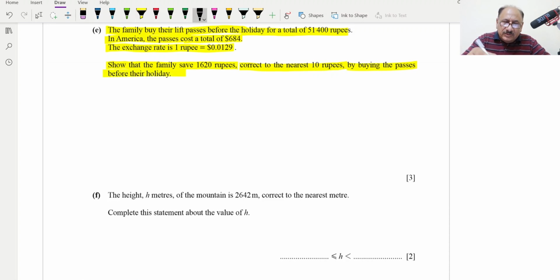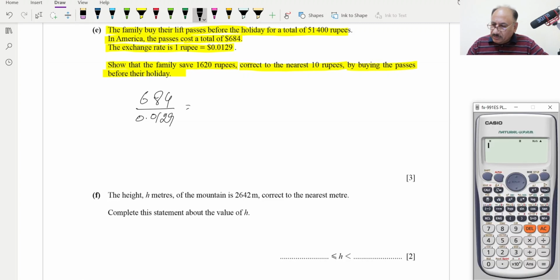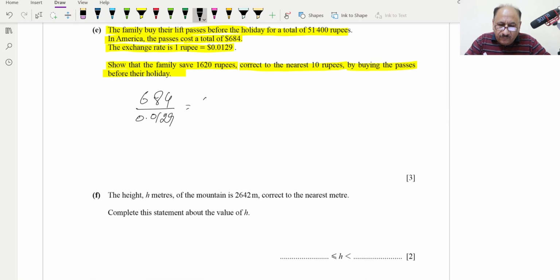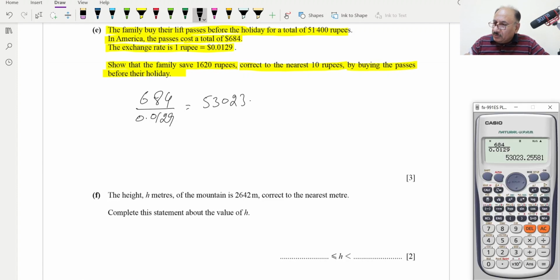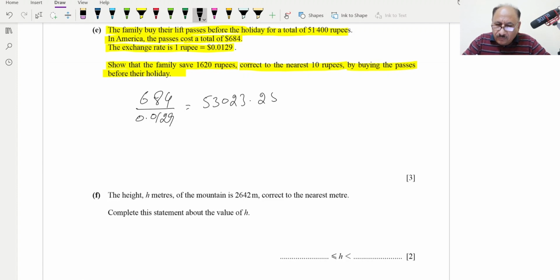So what they are paying is 684. We will be converting these dollars into rupees, which is 0.0129, and we will check by calculation: 684 divided by 0.0129 is equal to 53,023.25581.